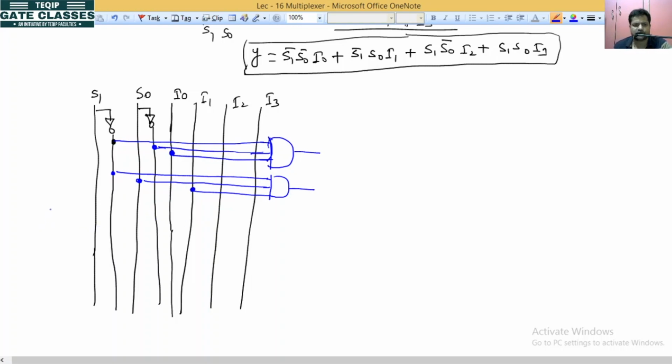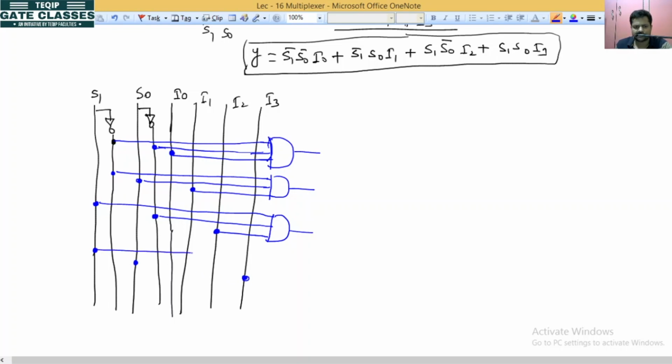Similarly, you go for S1 here, S0 bar from here, and I2 is here. Again you take these three inputs and connect them with an AND gate. Similarly, the last one is S1 from here, S0 from here, and I3 from here.